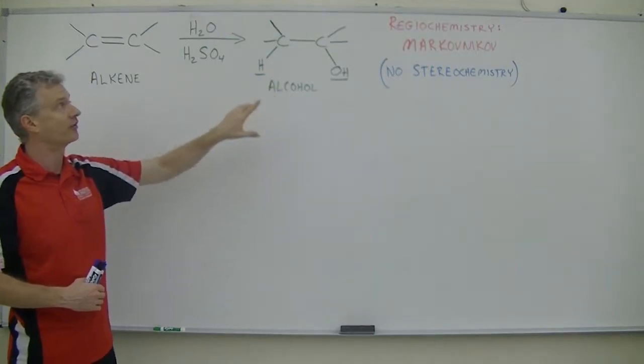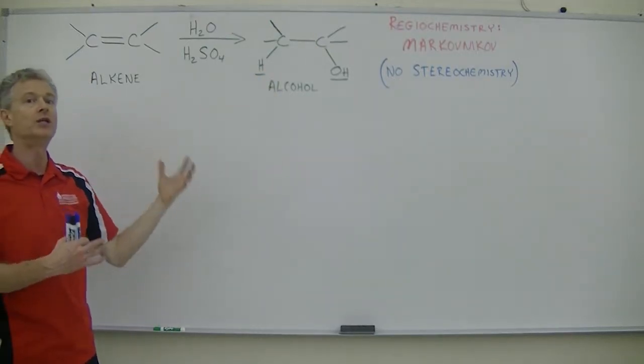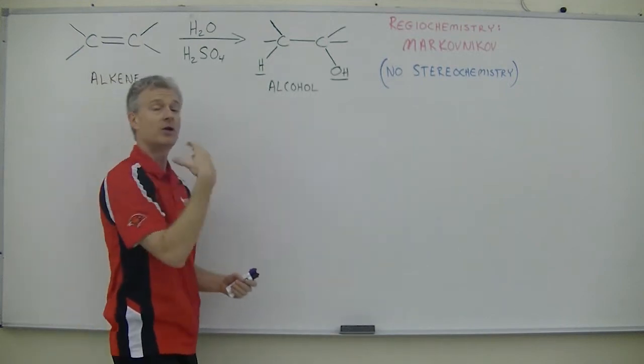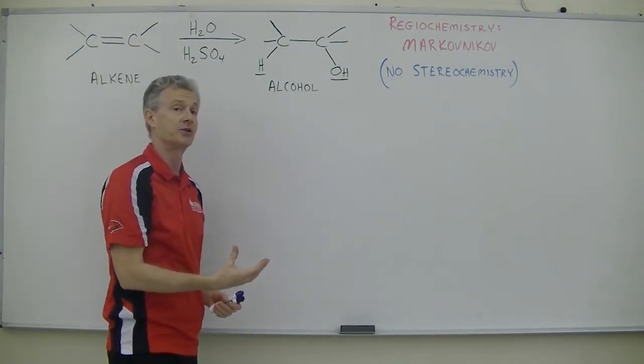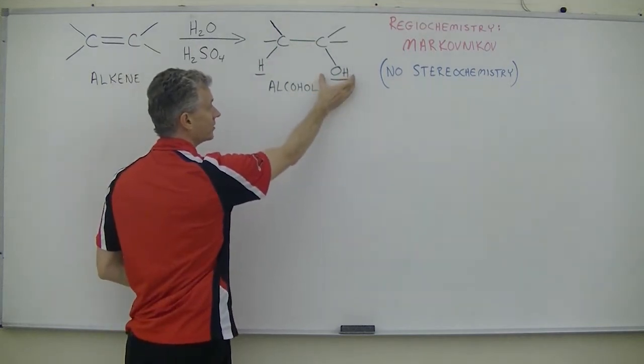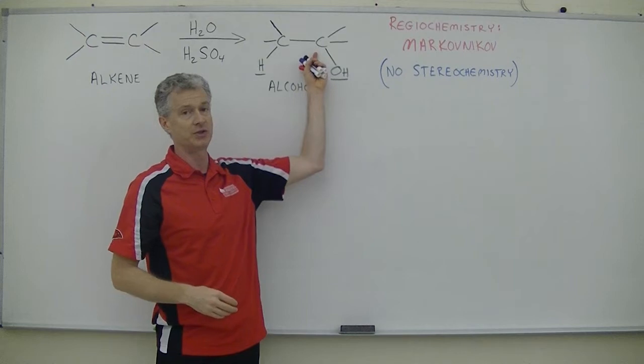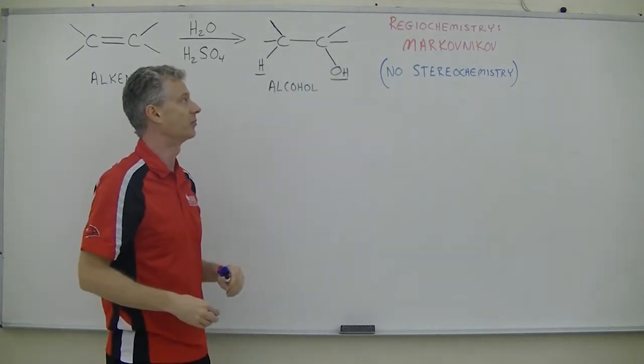It's a Markovnikov addition, which means the regiochemistry is such that the hydrogen that's added to one carbon goes to the carbon that has more hydrogens already, and the OH, the non-hydrogen group, adds to the more highly substituted carbon from the alkene bond.